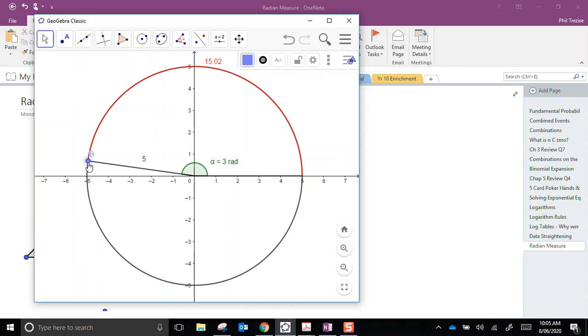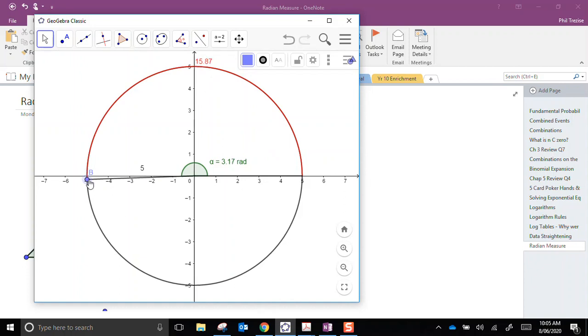I wonder what the value will be when I hit the... there it is. 15.71 for the length of the curve divided by 5 equals... now that number looks a bit familiar. 3.14 is approximately equal to pi. If you think about it for a moment, that would be an angle of exactly pi radians.